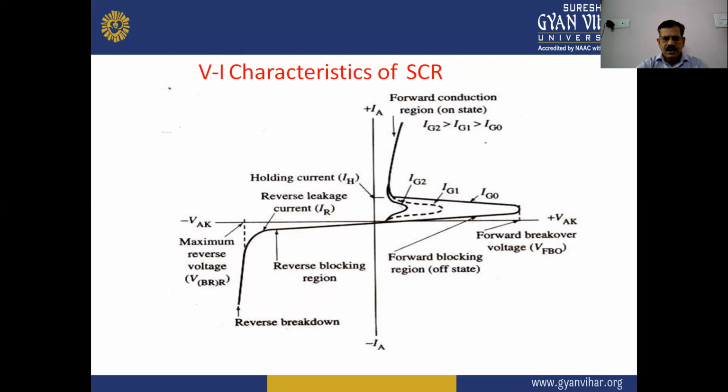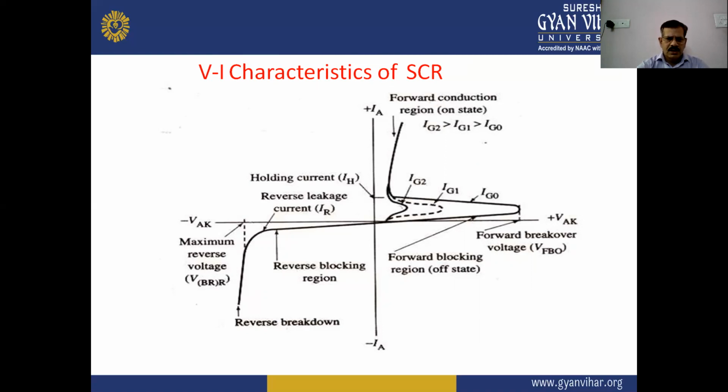There is the off state, and there are different gate currents IG1, IG2, and IG0. And there is a forward break over voltage VBO, and the different gate currents IG2 is greater than IG1, and IG1 is greater than IG0. So that is the forward conduction region of the SCR in on state.